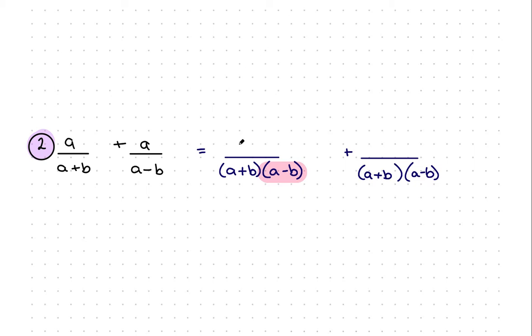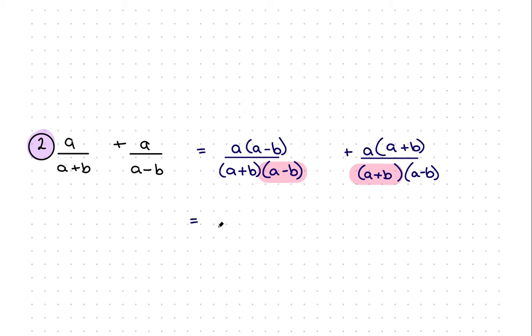So I must then do the same to the top. That is just ensuring that the value of the fraction itself doesn't change. The same thing's going to happen here. What I introduced from here to here was a plus b in this scenario, so I must multiply the top here by a plus b.